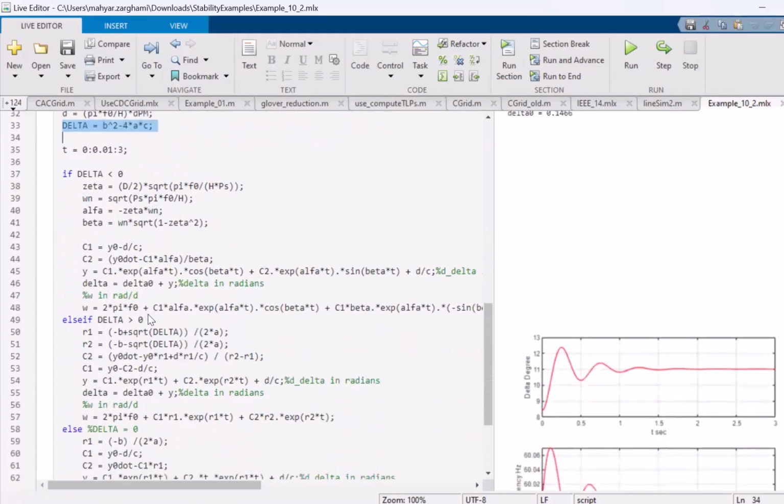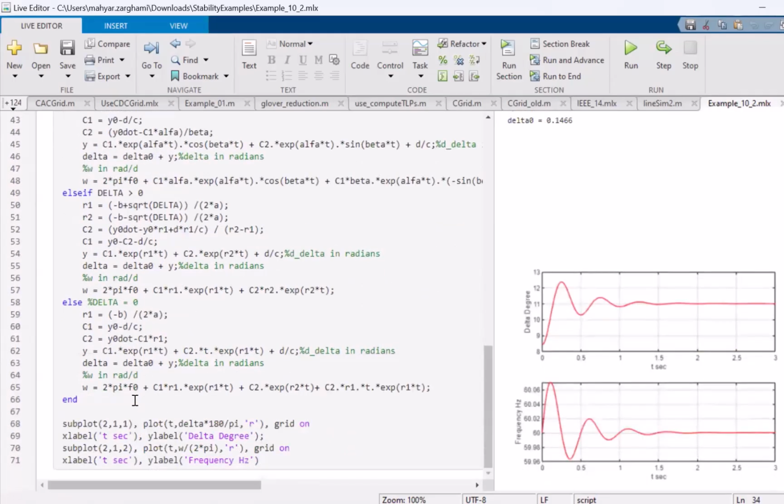So we're going to plot t from 0 to 3 seconds based on the different conditions. And we're going to basically plot the delta and omega and frequency, where frequency is omega divided by 2 pi, right? So this is how the delta is changing.